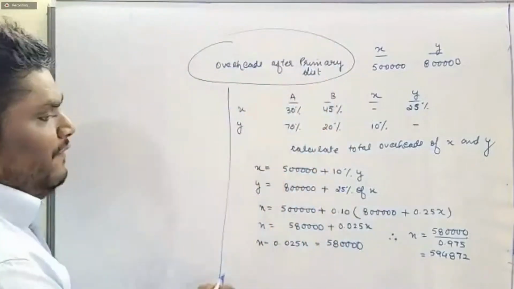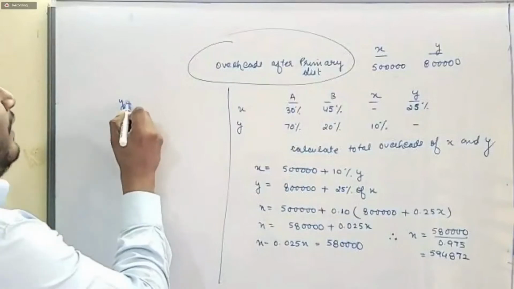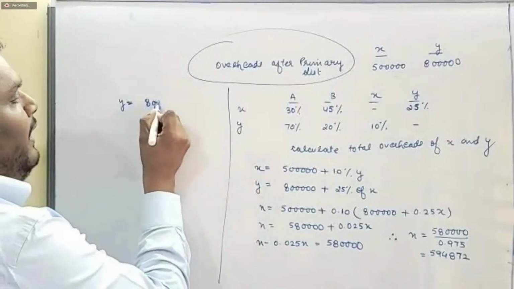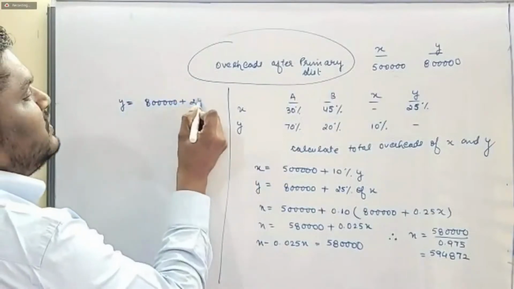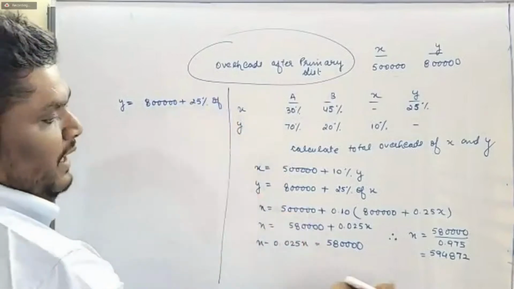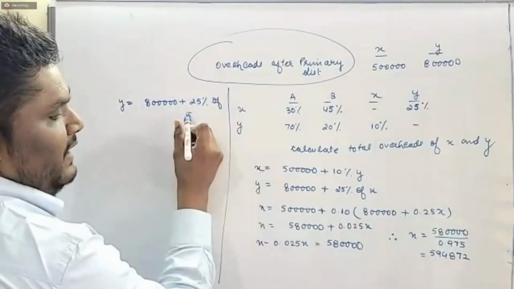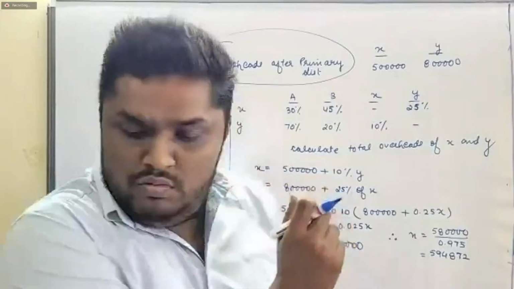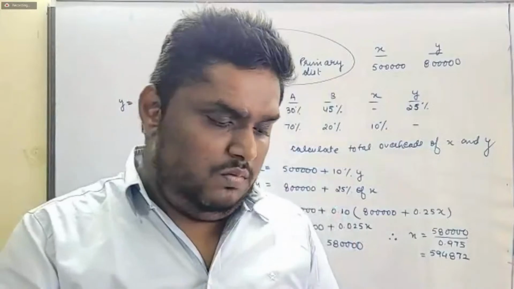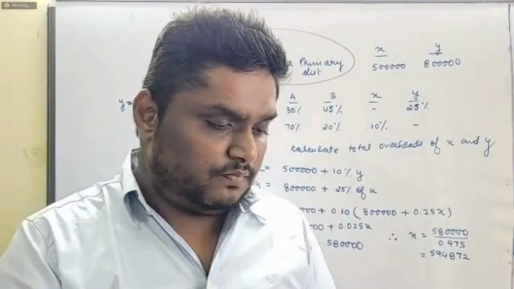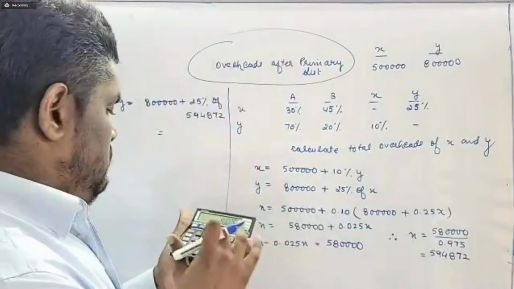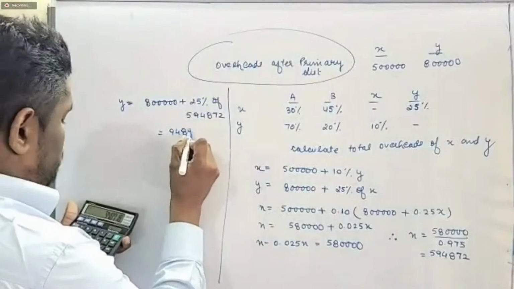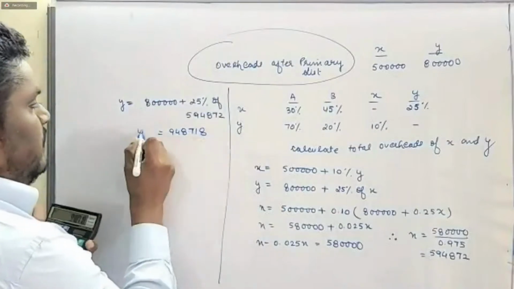So we have got the value of X, then we can easily calculate the value of Y. And this will be 8 lakh plus 25% of X. And when talking about X, we have got 594,872. So this will be the value of Y.